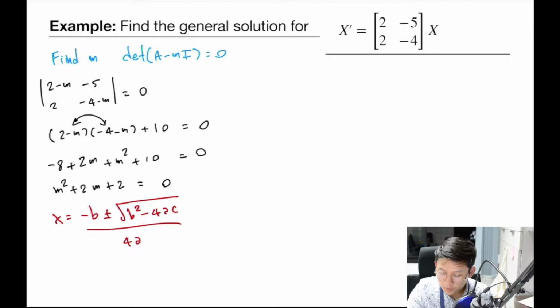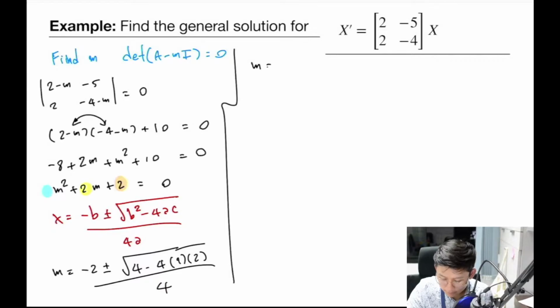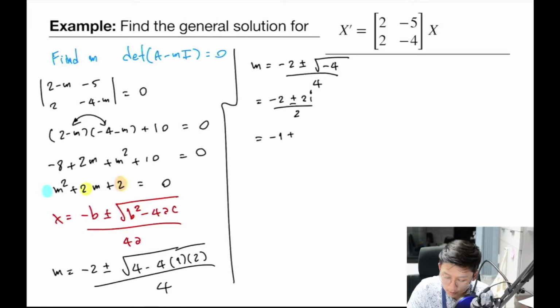Right now our a is 1, our b is 2, and our c is 2. So here we have m equals minus 2 plus or minus square root of 4 minus 8, divided by 2. So we have m equals minus 2 plus or minus square root of minus 4, divided by 2. And that is minus 2 plus or minus 2i, divided by 2. So we have minus 1 plus or minus i.